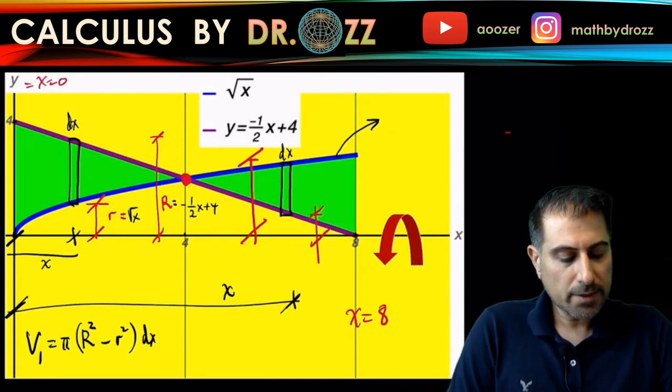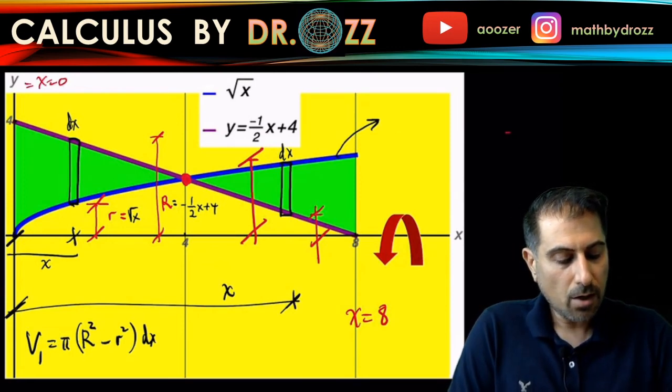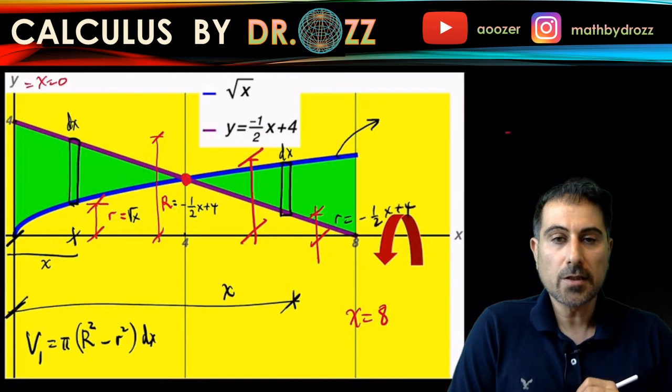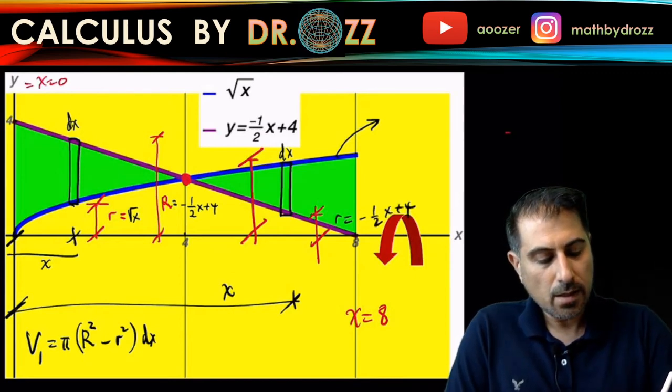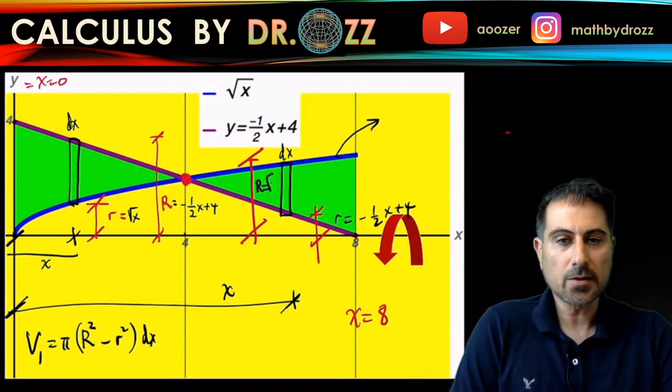Well, the bottom portion touches the line, so that is the equation. So that means the equation of the line, r equals negative 1/2 x plus 4. The top portion is touching the blue curve, so that is determined by the blue curve, and capital R for that reason is going to be just radical x.